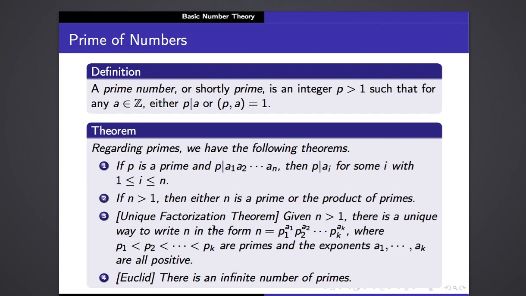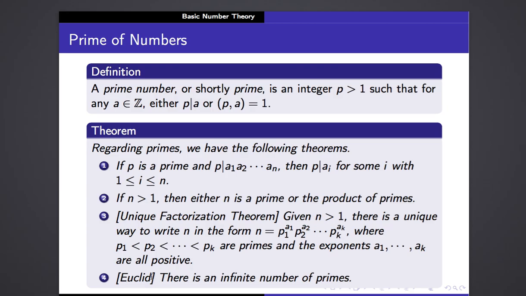Given n greater than or equal to 1, there is a unique way to write n in the following form, in terms of its prime factors: p1 to the power a1, p2 to the power a2, dot dot dot, p sub k to the power a sub k, where p1 through pk in this order are primes, and the exponents a1 through ak are all positive integers. Extremely important and useful theorem.